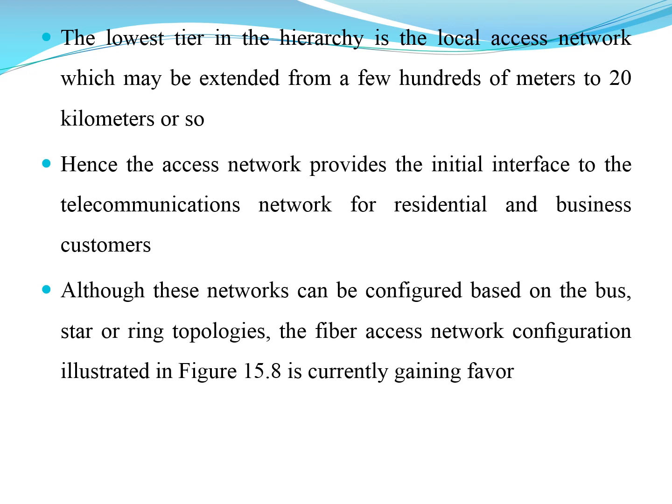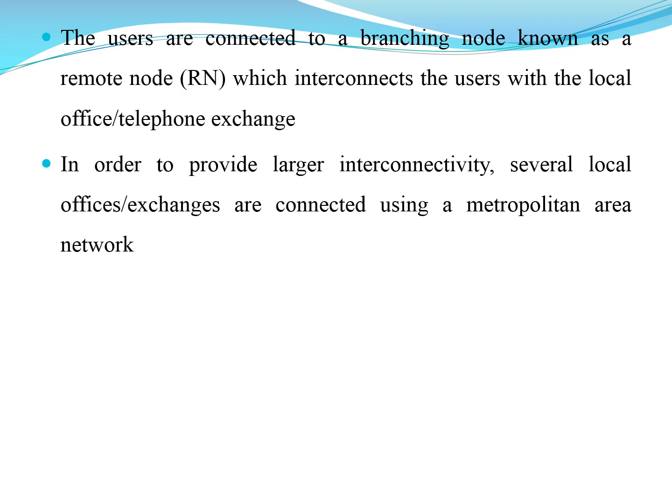Although these networks can be configured based on bus, star or ring topologies, the fiber access network configuration is trending. The users are connected to a branching node, which is termed the remote node, which interconnects the users with the local office or telephone exchange.